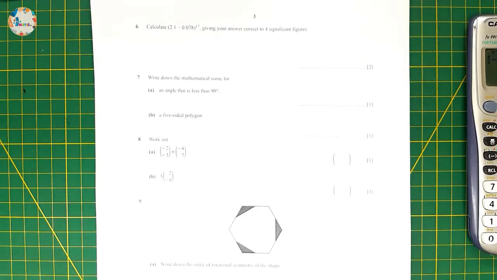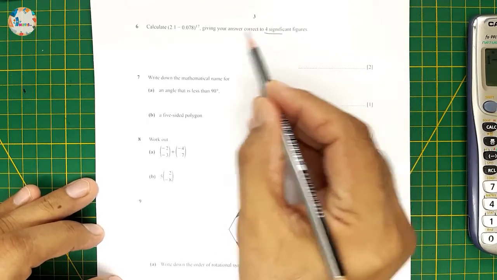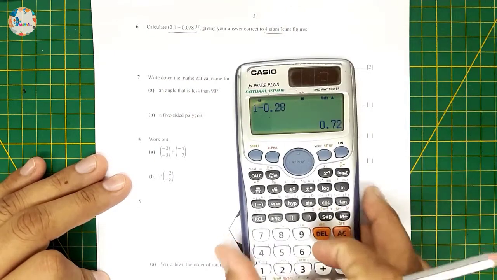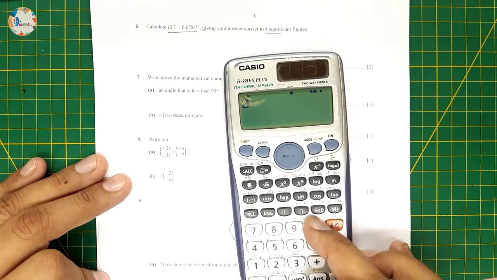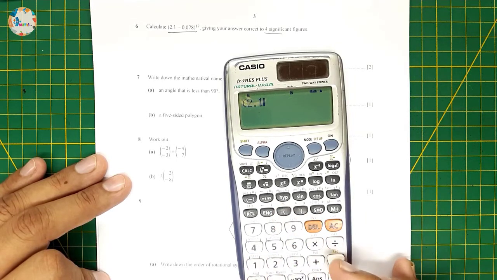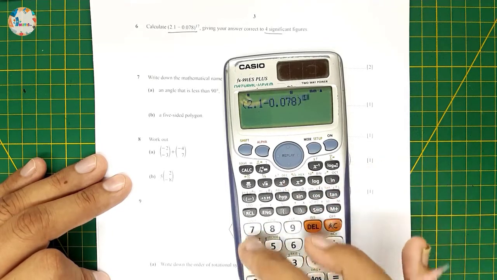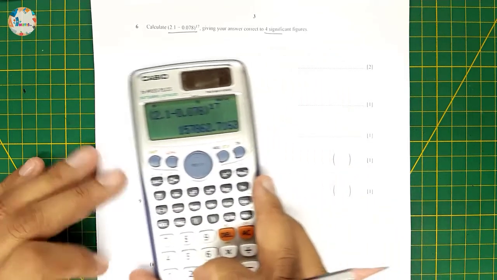Question number 6. Calculate this one, giving your answer correct to 4 significant figures. We have to calculate this number, and we can use a calculator. Basically we can use brackets first. 2.1 minus 0.078 and whole raised to the power 17, and 4 significant figures are required.